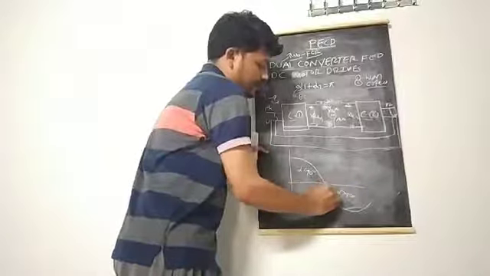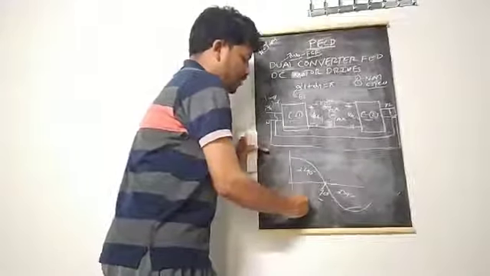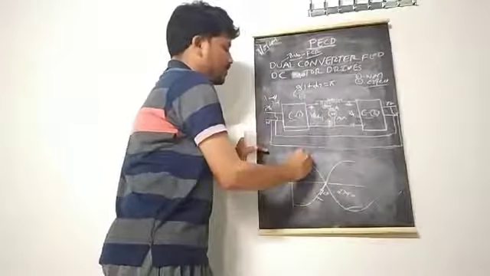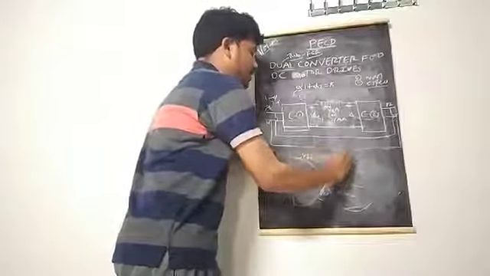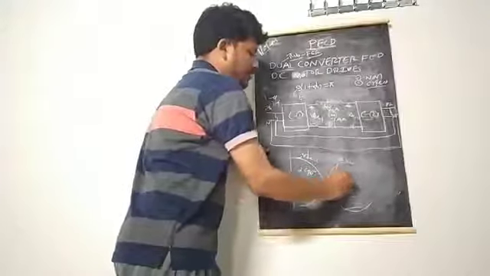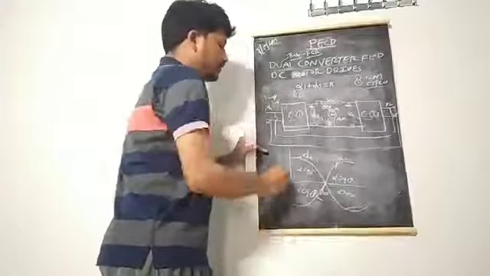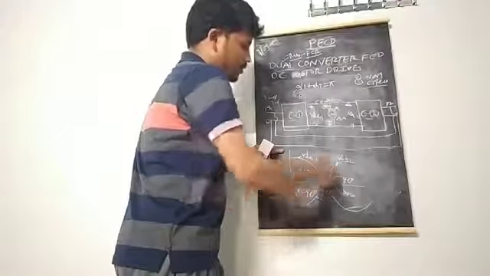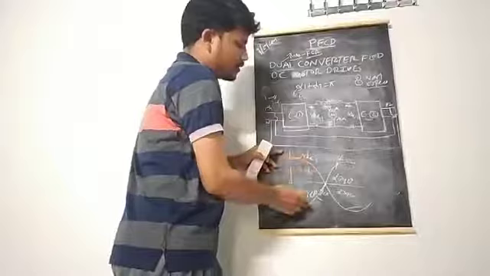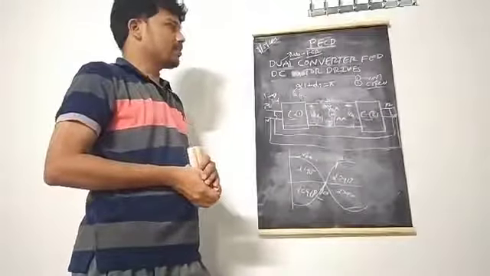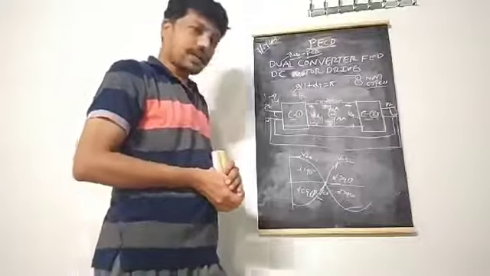Similarly, the output of the second converter, this is VDC1 and this is VDC2. This is alpha less than 90 degrees and this is alpha greater than 90 degrees. That means the output of converter 1, VDC1, and the output of converter 2, VDC2, are always opposite. It is positive and negative and positive.